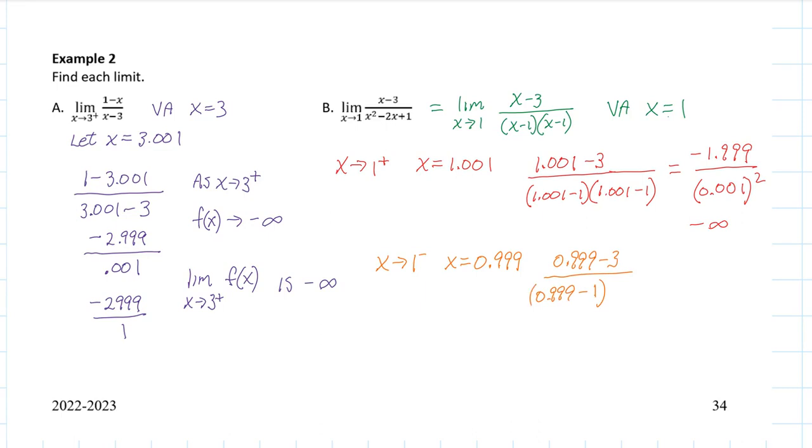And actually, I'm going to cheat this time because that's really just squared, right? There's 2 of them, so it's squared. And so I end up with negative 2.001 over negative 0.001, again, squared. So that goes to negative infinity as well.